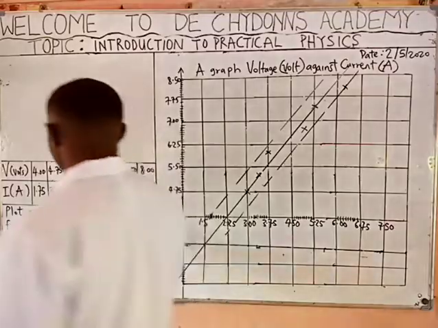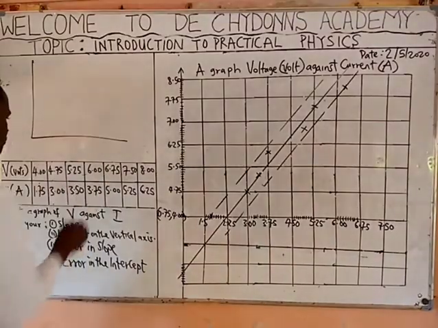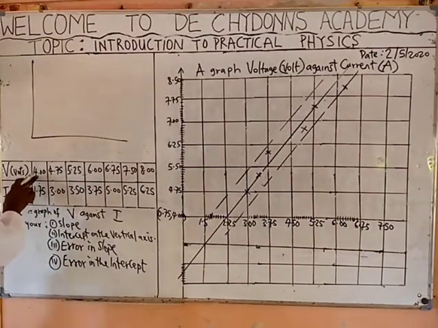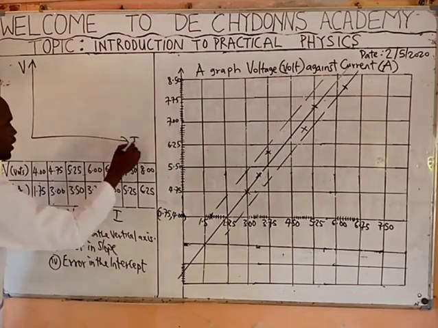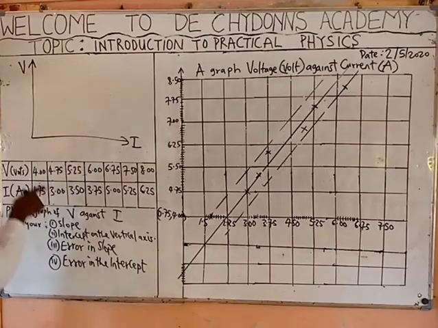Take for instance now, look at my graph. This is my y-axis, graph of voltage against current, for instance. Now this y-axis starts from 4.